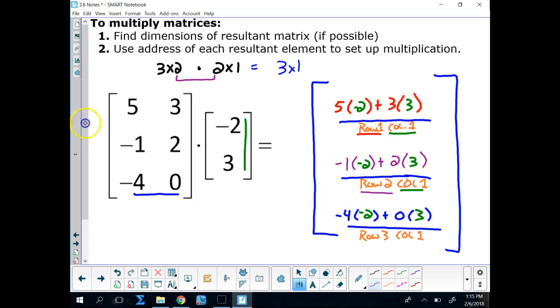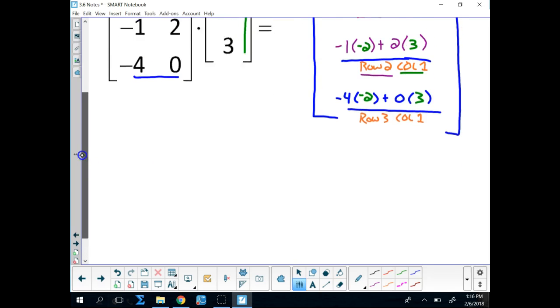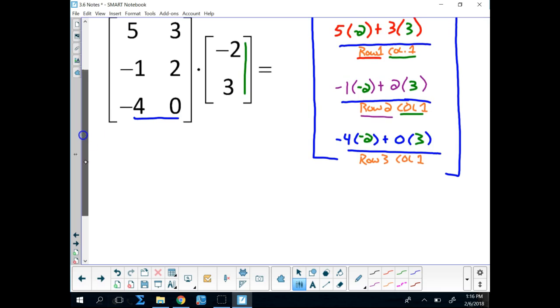Okay. Now comes the easy part. Now you just got to do the math. 5 times negative 2 is negative 10. Three times 3 is 9.